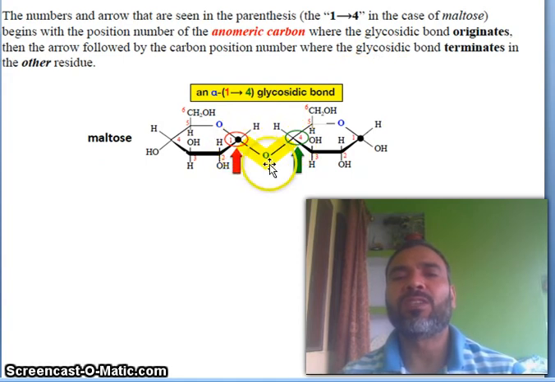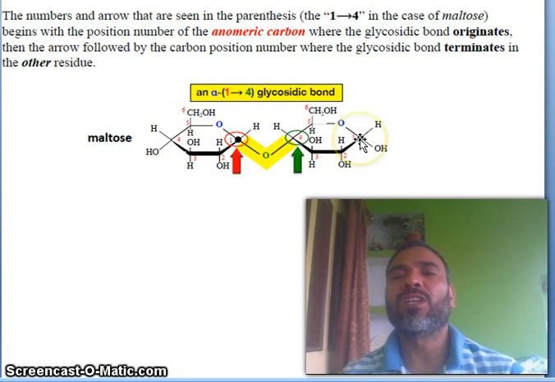We are talking about this. So alpha 1,4 glycosidic bond. The number and arrow seen in parentheses, this 1,4, in the case of maltose, begin with the position number of the anomeric carbon. This carbon is known as the anomeric carbon.